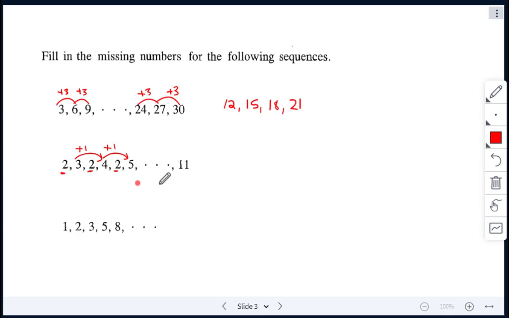So after the 5, we'd have a 2 and then a 6, then a 2 and 7, then 2 and 8, then 2 and 9, then 2 and 10, and then 2 and 11.